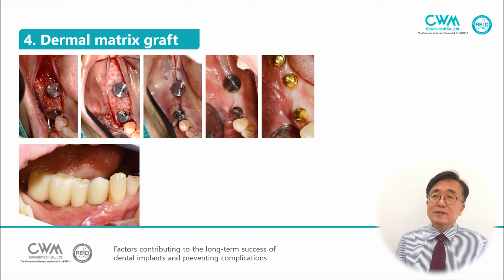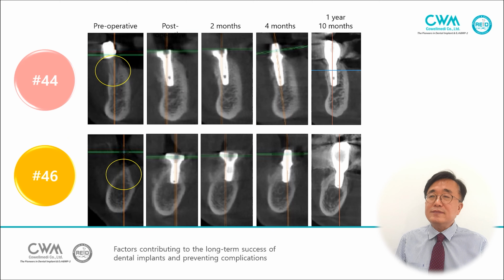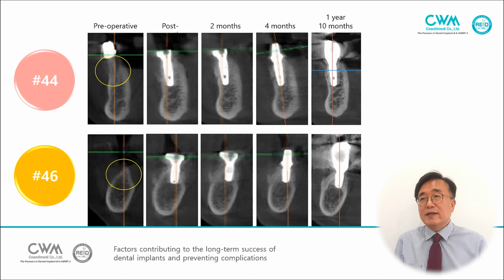Here, dermal matrix graft made a thick biotype. And in this case, 44, there was no buccal bone graft, and the dermal matrix covered the graft site.